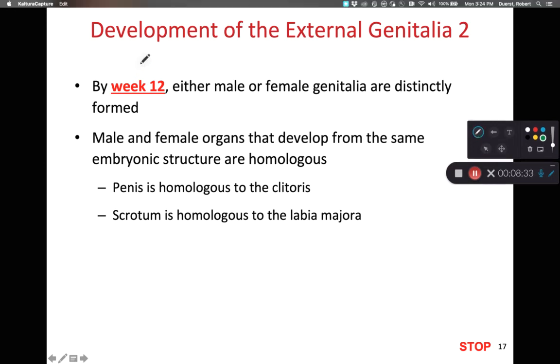After the first trimester, so by week 12 post-conception, we are able to very clearly see the male and female genitalia. I'm thinking of my first child. He was a bit of a surprise for my wife and I when we found out that we were going to be having him. So we didn't get that initial ultrasound done to determine the gender until fairly late on. So I want to say it was like 18 weeks on, something of that nature.